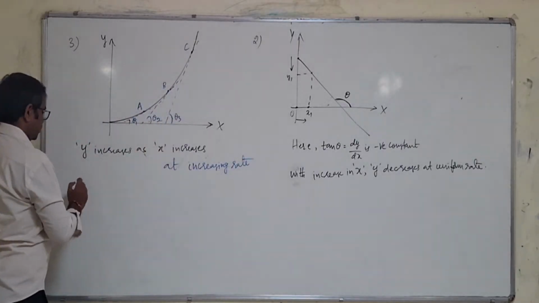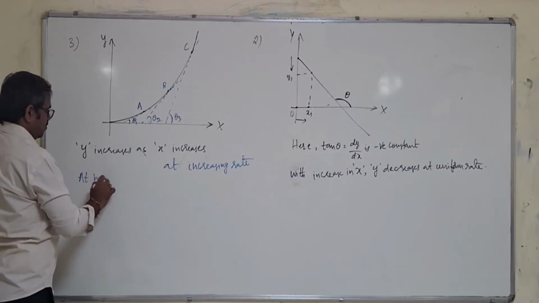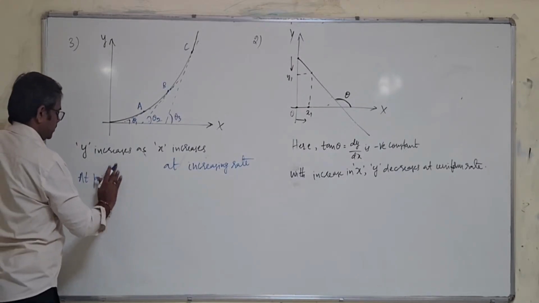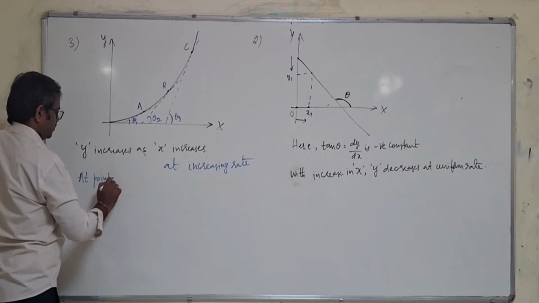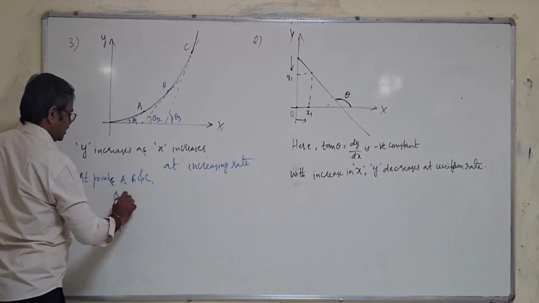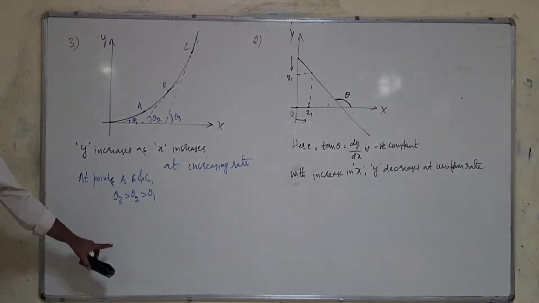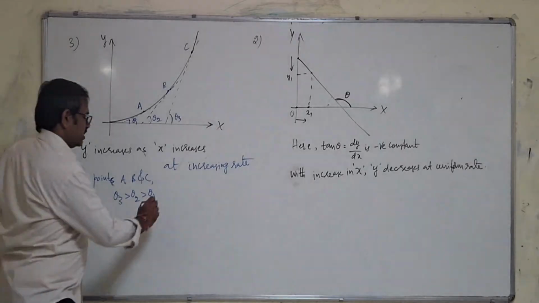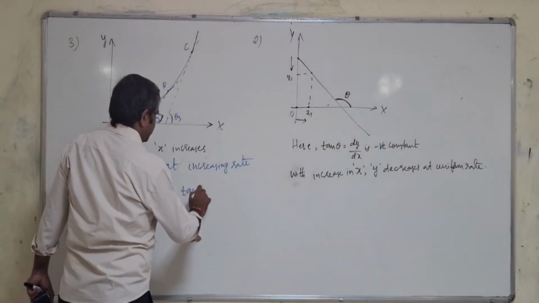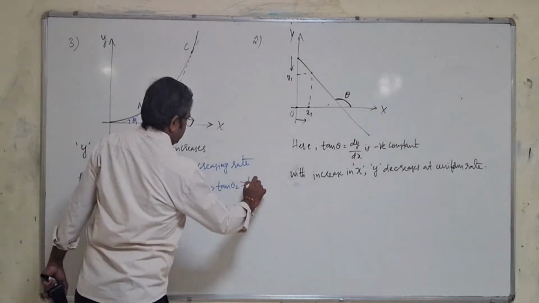You can see, take any 3 points here, at points A, B, and C. If you observe, at points A, B, and C, you can see that theta 3 is greater than theta 2, which is greater than theta 1. It means tan theta 3 is greater than tan theta 2, which is greater than tan theta 1.